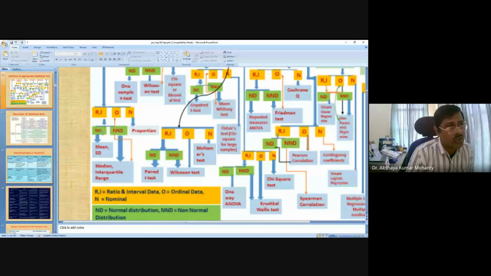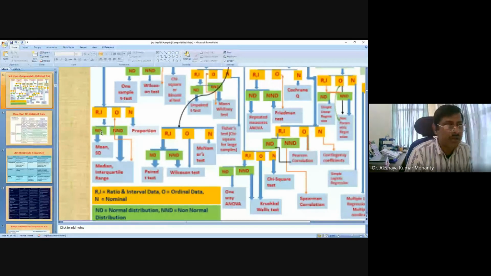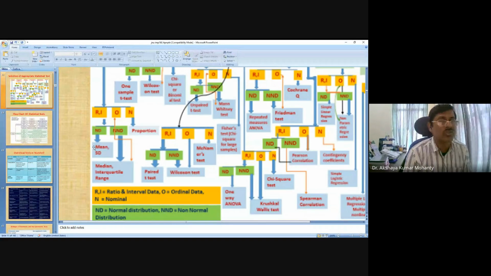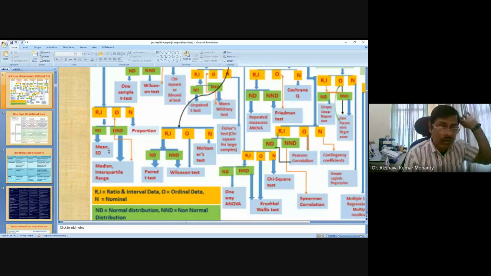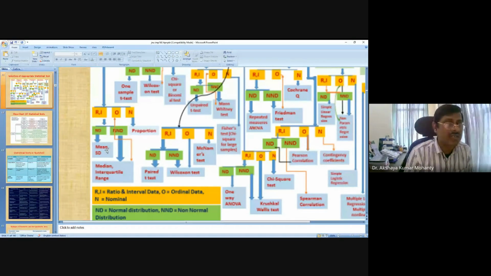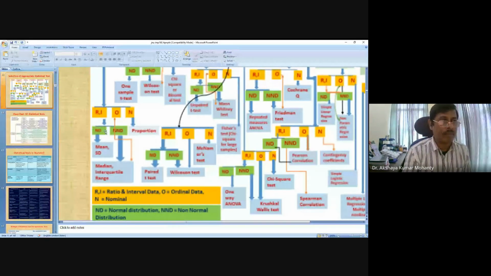If it is normally distributed, that means it is parametric. Here you can use the mean and standard deviation. Mean is a measure of central tendency, and SD, standard deviation, is a measure of dispersion. So you can use both if the data follows the normal distribution and the data scale is ratio or interval.